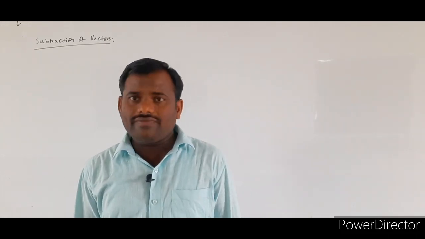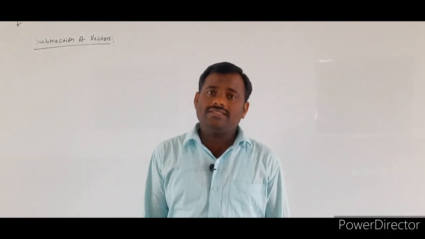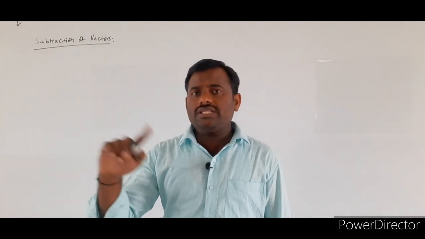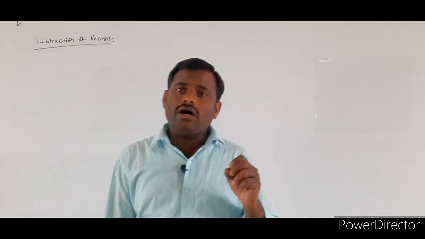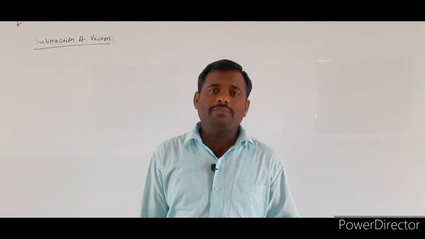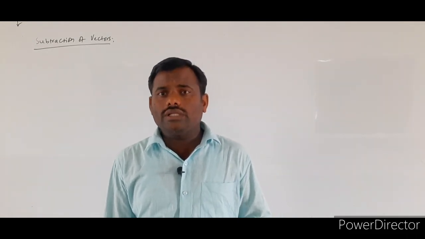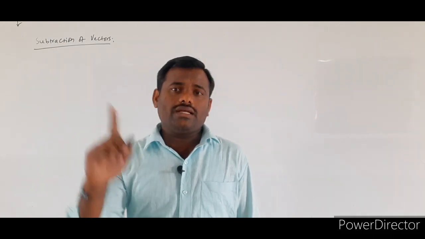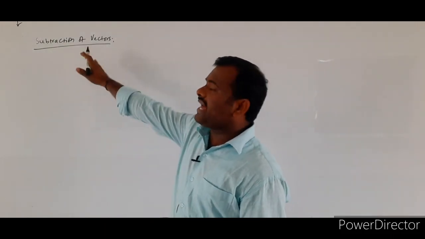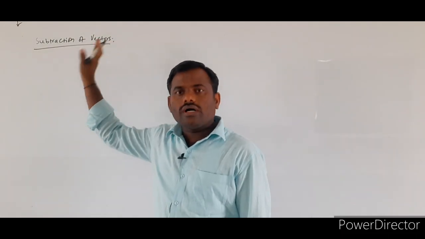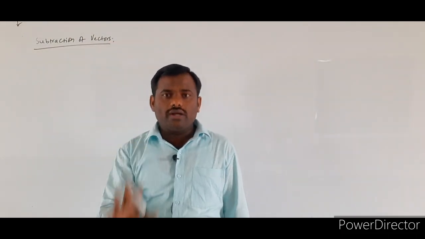And the third point is the resultant of those two vectors will be drawn from the tail of the first vector to the head of the second vector. In the case of subtraction of vectors also, the same principle we have to follow.